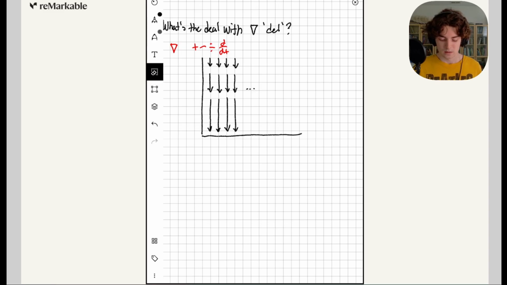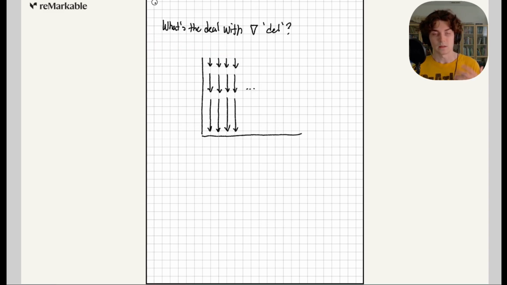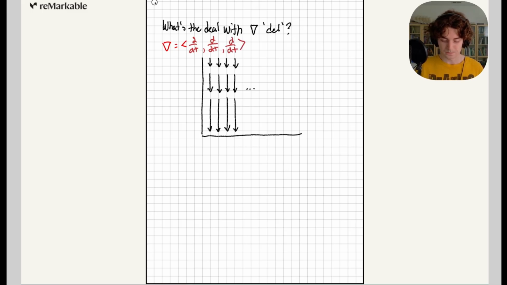Now, what does del do? What is its operation? Well, the del operator takes the spatial derivative of a vector. It tells you how a vector field is changing.